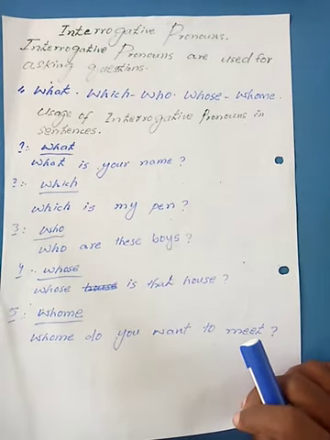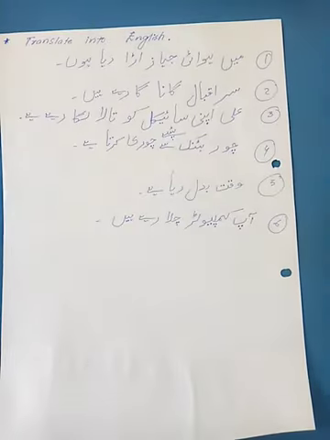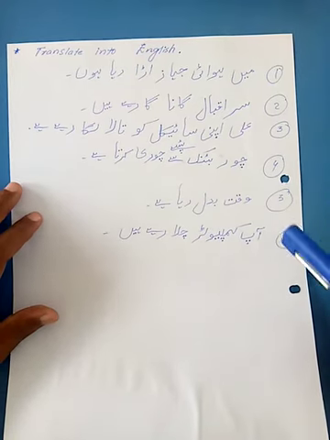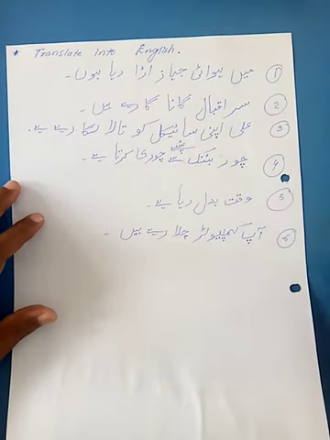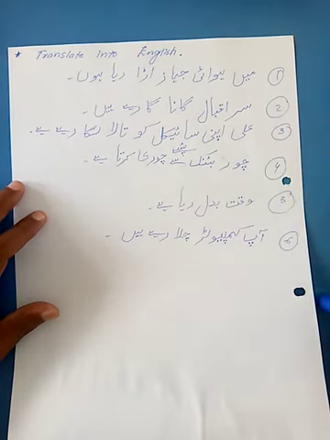Now it is time for you to take your homework. So it is part number 2 of today's lecture, which is said as homework. I have written here some sentences in Urdu language, and these sentences are in present continuous tense.